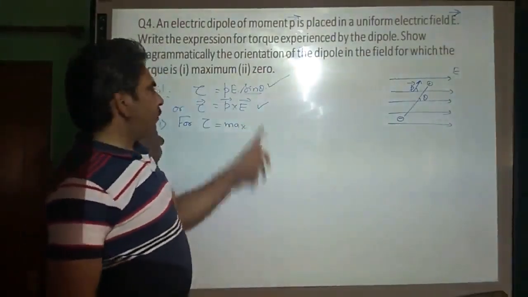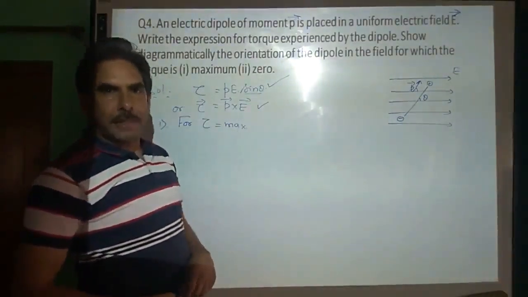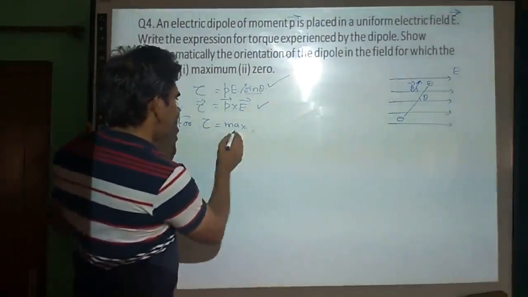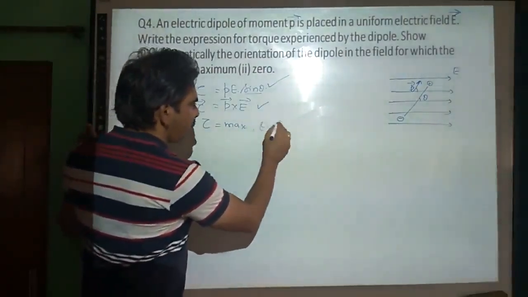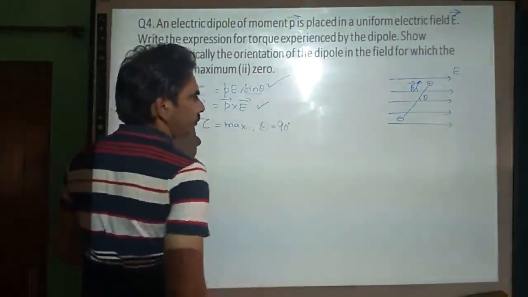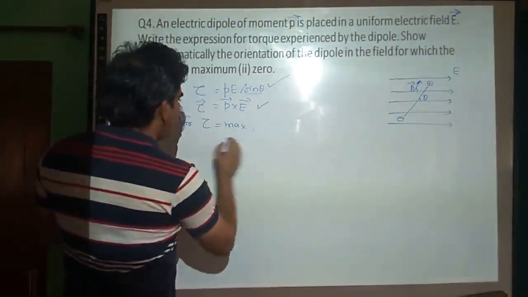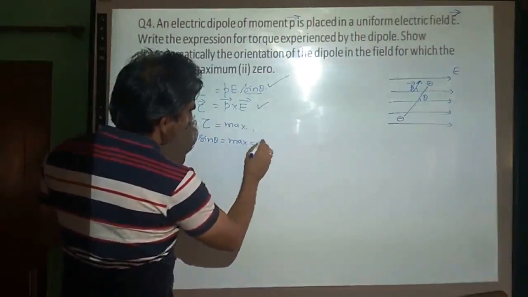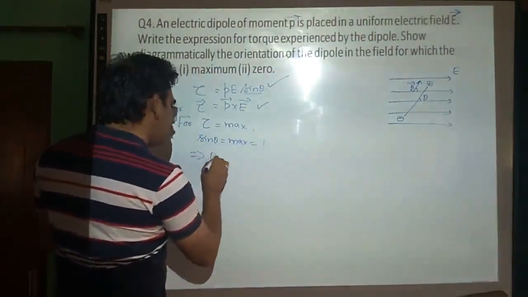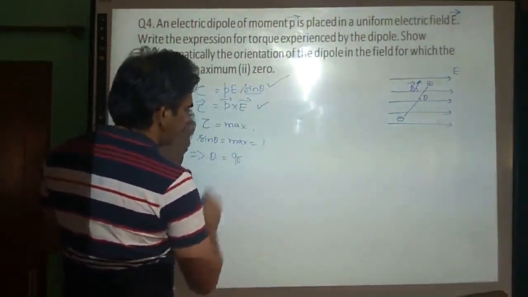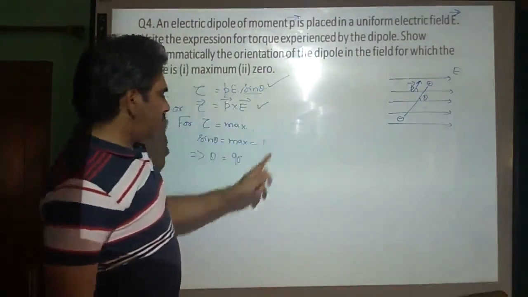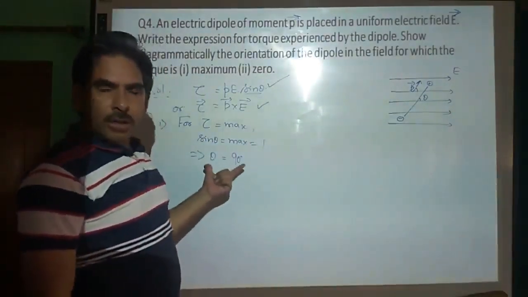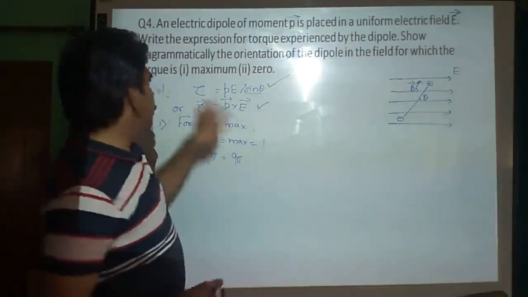So maximum value of this is 1, which is for 90 degree. So for torque to be maximum, theta has to be 90 degree. Or we can say sin theta has to be maximum, which is 1, which simply means that theta is 90 degree. So whenever dipole makes an angle of 90 degree with the electric field, the torque on the dipole will be maximum. So that is the first part.